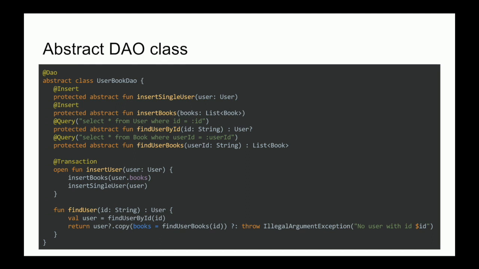And what's even better is that I can make sure that this runs in a single transaction by annotating this with a transaction. So I'm now modeling my business logic, more or less, in my data access object. Room will just generate all the stuff that's abstract and will actually override this function to make sure it runs in a transaction. And because it's overriding this object, you make sure, if you're using Kotlin, that this function is also open. Otherwise, it can't really extend it because it will be final, this method.